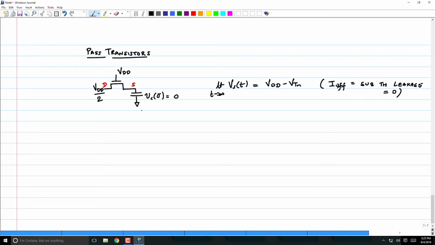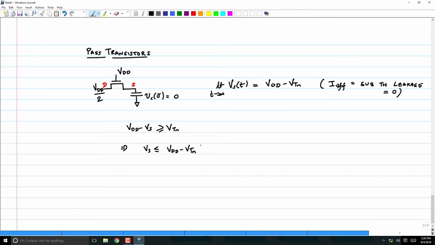So this transistor can conduct as long as VDD minus Vs is greater than or equal to VTN, right? Implies that Vs should be less than VDD minus VTN. The key point is it should only be less than VDD minus VTN. It only gives you a bound. It cannot go beyond VDD minus VTN.